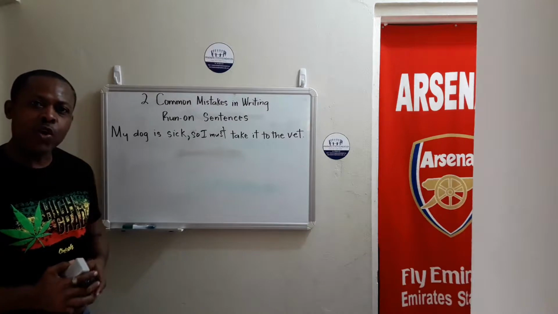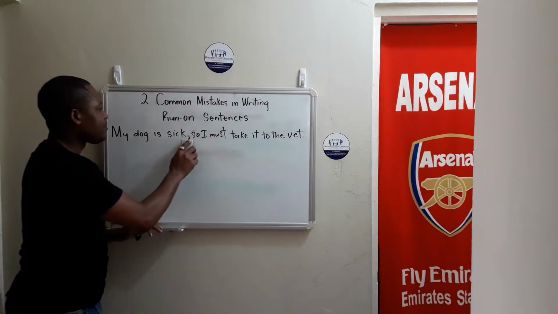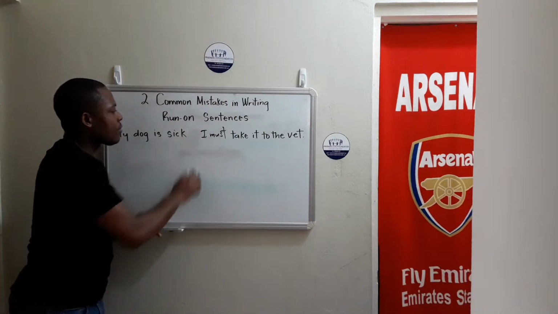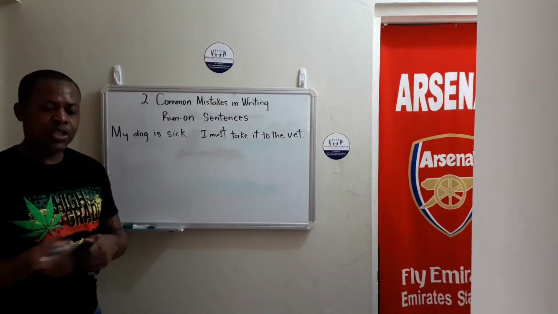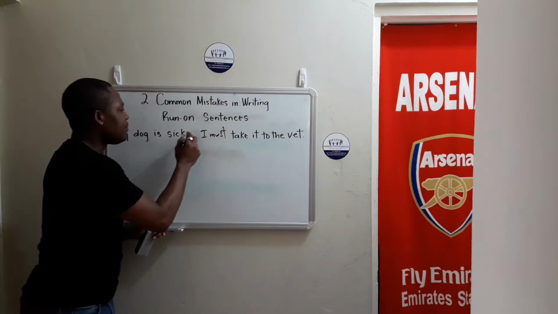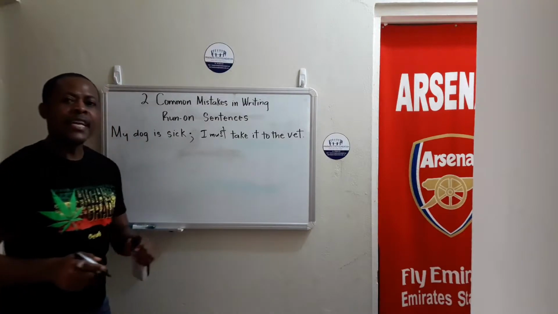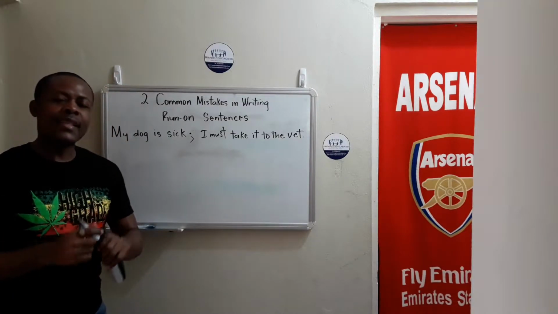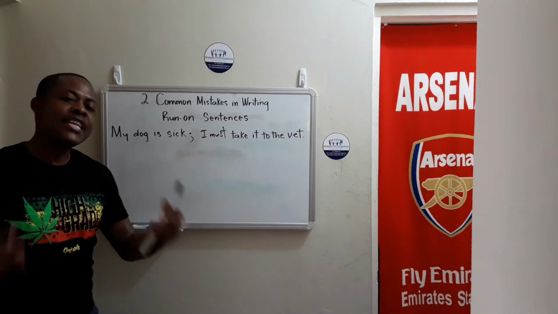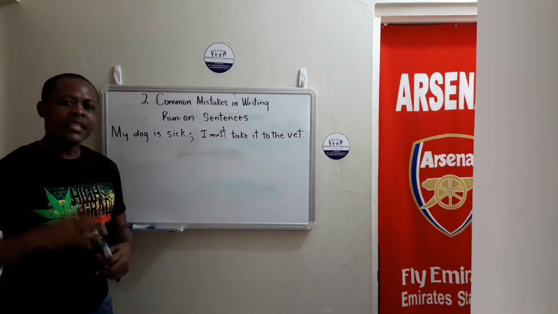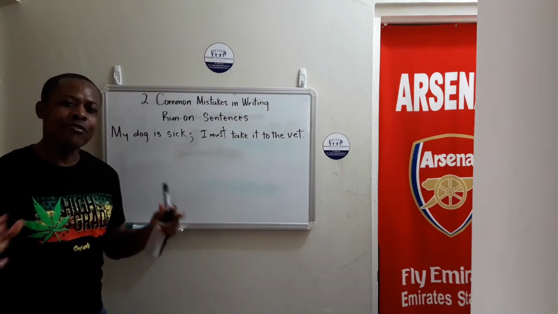Let's look at another way how we could have addressed this. In the English language, the semicolon is another useful mark that can be used to connect independent clauses. The semicolon is like a half full stop.